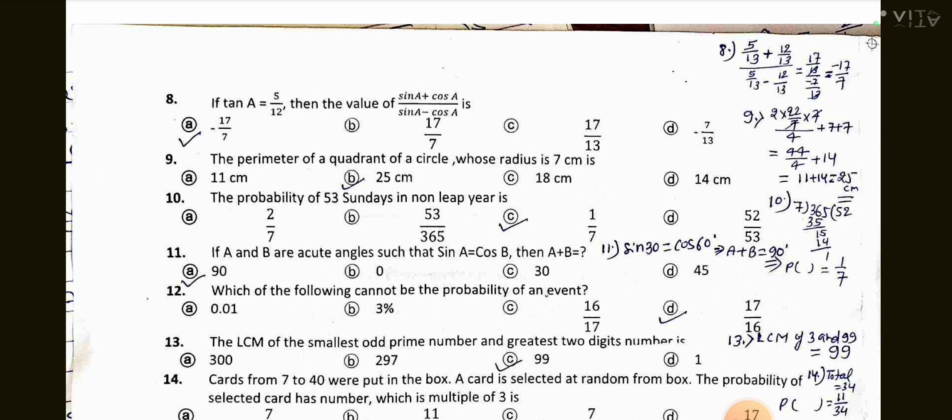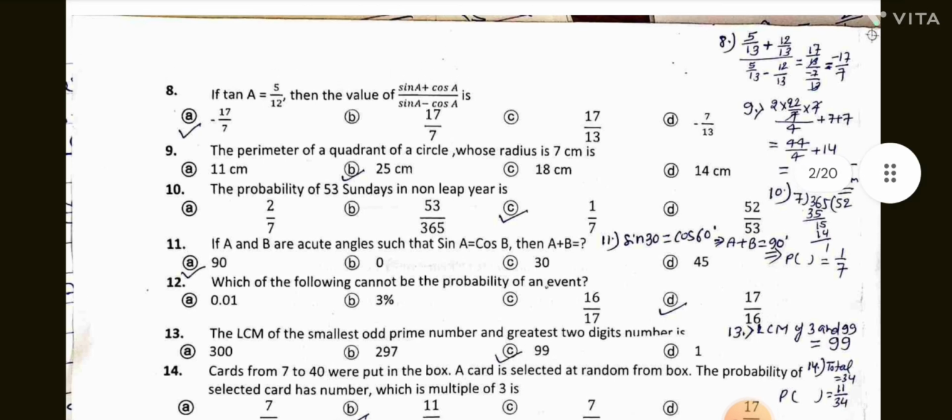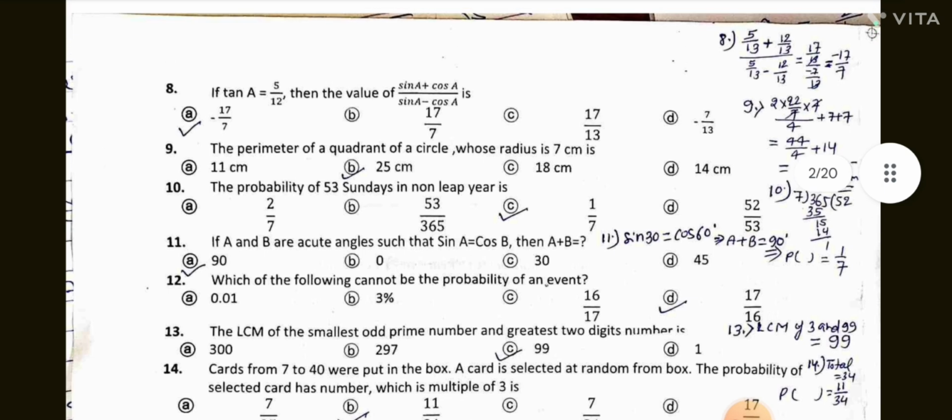Question 9. The perimeter of a quadrant of a circle whose radius is 7 centimeters. Here the perimeter of a quadrant is asked, meaning 1/4 of the circle. First we need to find the arc of the quadrant, which is 2 pi r upon 4, and its value is 11.